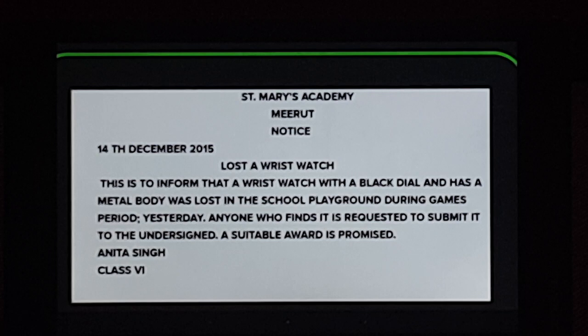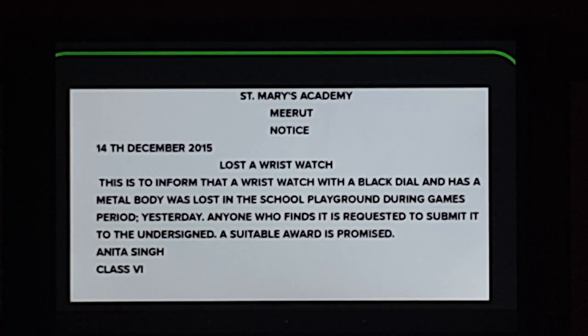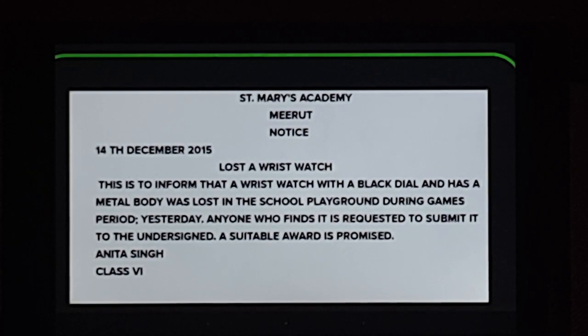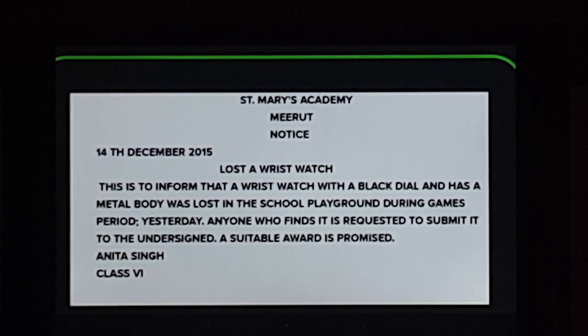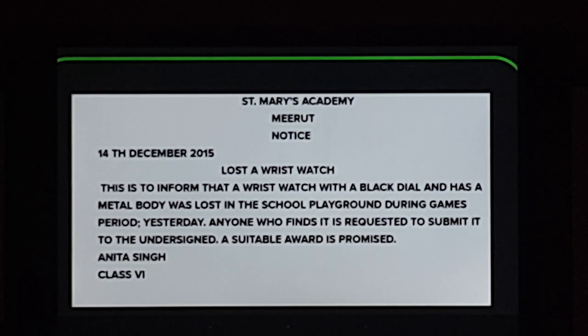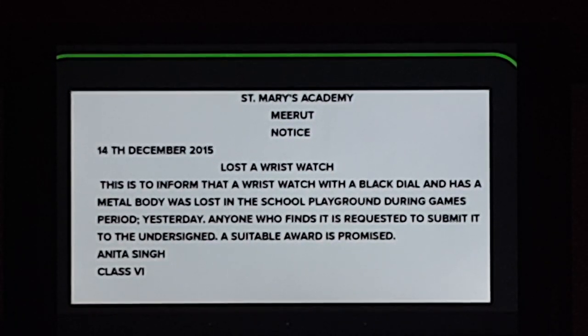Name of the organization, it is just the name of the organization. It tells which school we are talking about. Then the word notice in bold letters. Then the date. After that we write the heading.